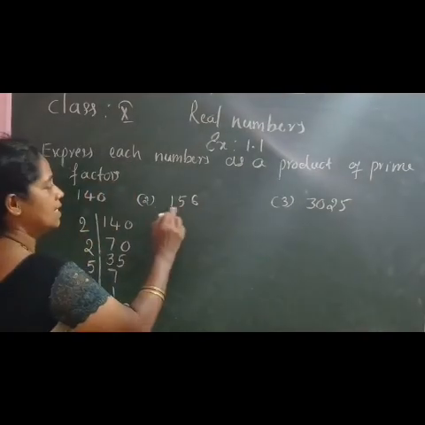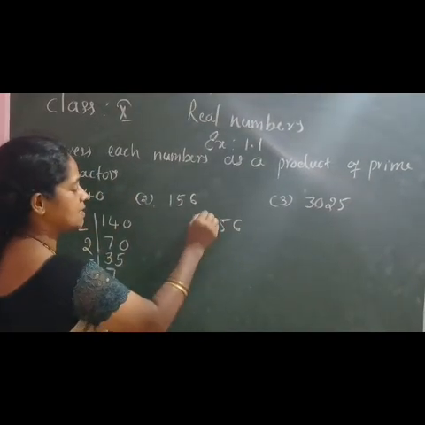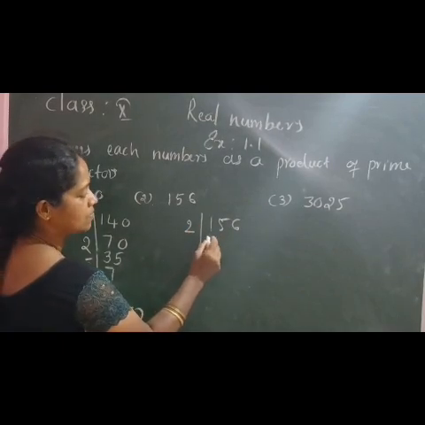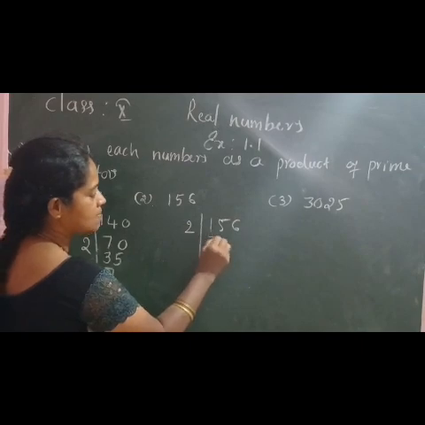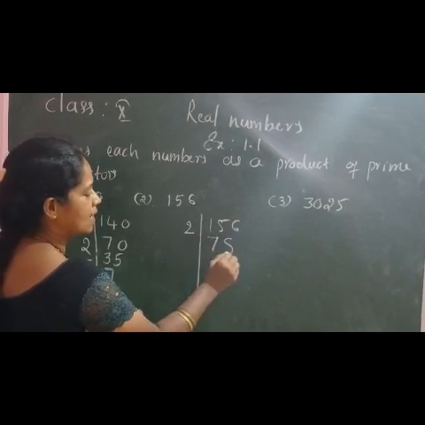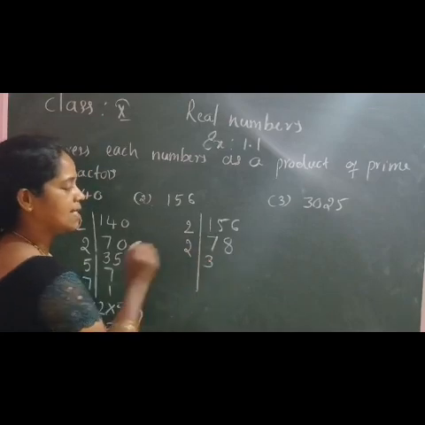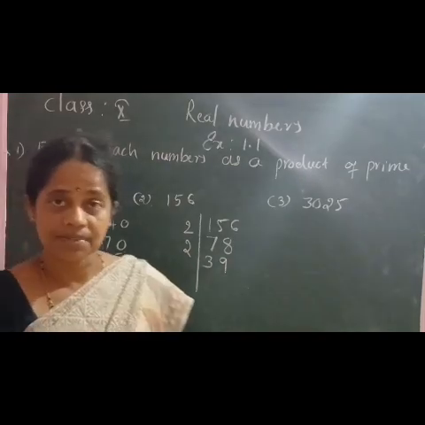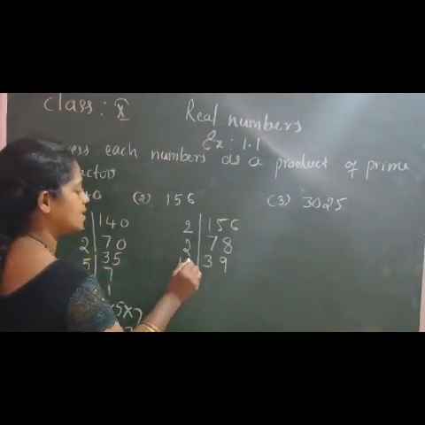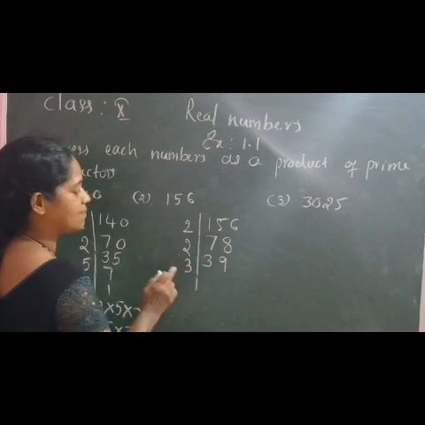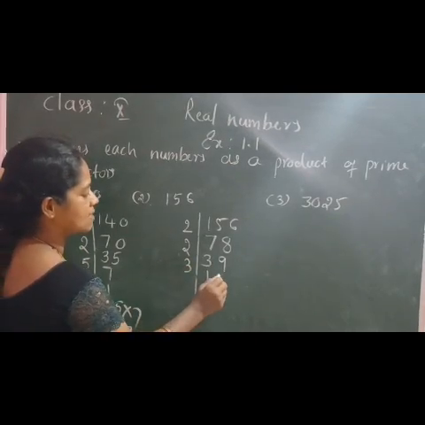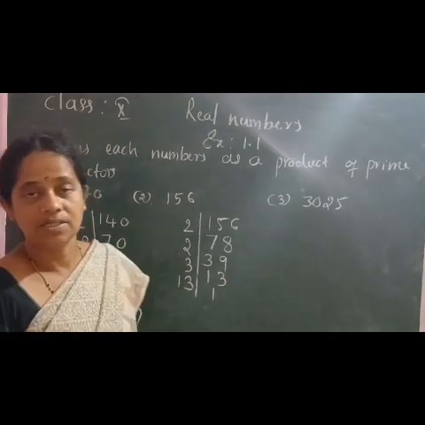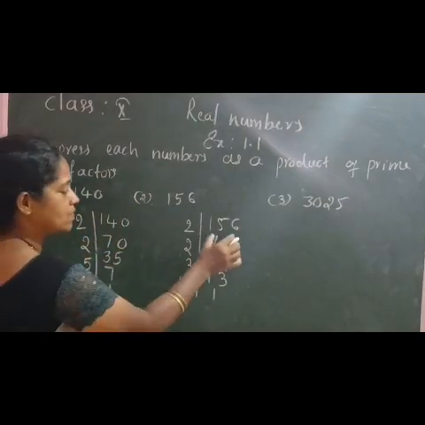Next one is 156, same procedure. Here also this is an even number, so divide by 2. 2 times 78 is 156, and 2 times 39 is 78. 39 is a multiple of 3, so divide by 3: 3 times 13 is 39, and the last factor is 13, 13 one time.